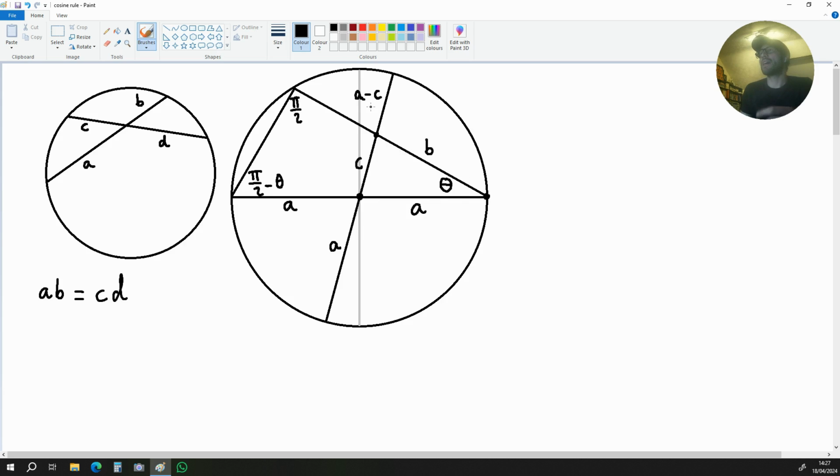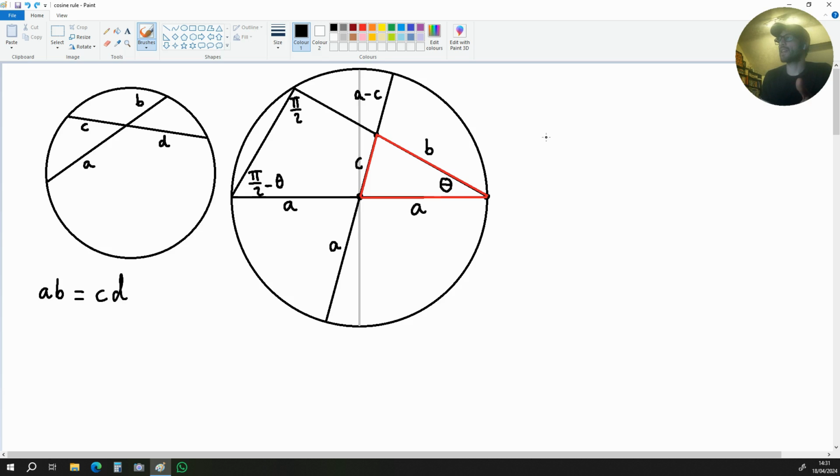And what you'll notice is that we have a triangle right over here, and it's this triangle that we'll be using to prove the cosine rule. So now we have all the ingredients we need to prove the cosine rule.